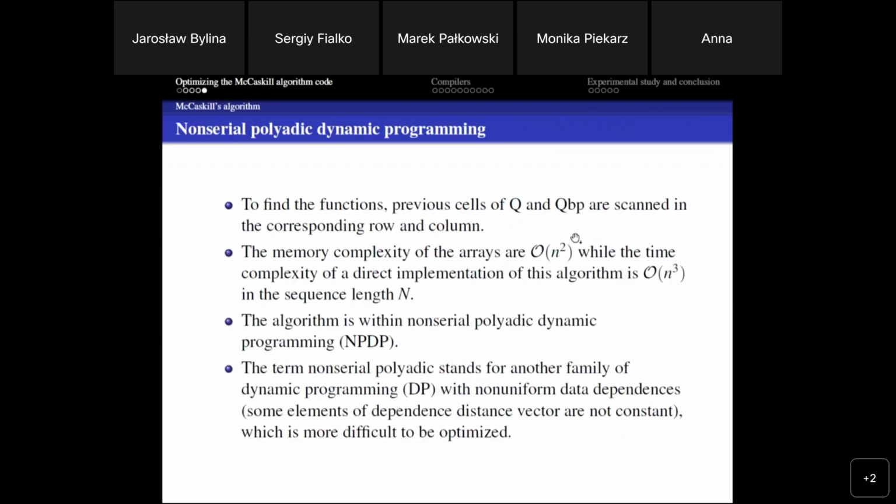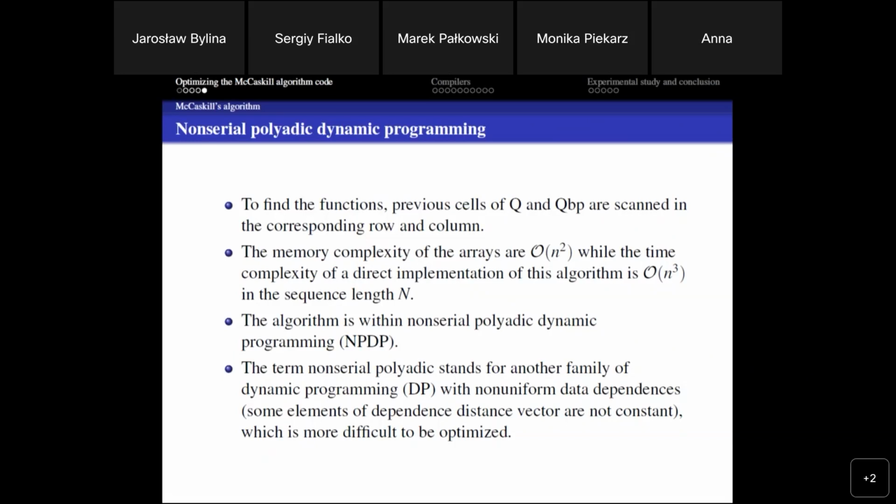Okay, and this program is also difficult because the loop contains non-uniform data dependencies. It means that it is in the class of dynamic programming, non-serial polyadic, NPDP in short, which means there are non-uniform dependencies.